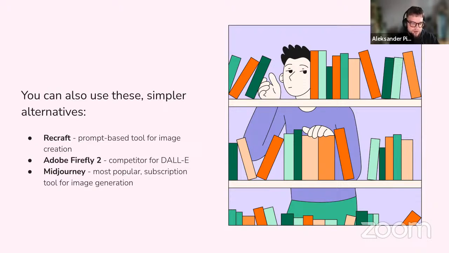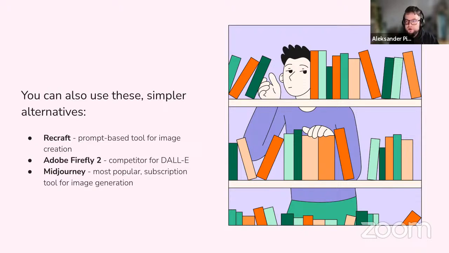The second tool that I want you to know is Adobe Firefly. This is the direct competitor for DALL-E that I mentioned before, because Adobe, the company behind Photoshop and Adobe Premiere and other useful software for creatives, is expanding their field in terms of AI, and is growing their own model for image generation.